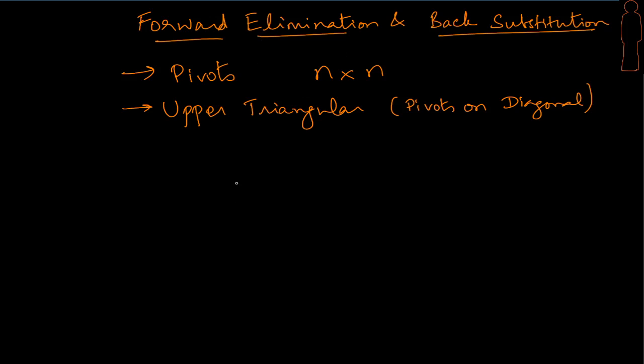Before I step into that, I thought there could have been a question from the last session about the order of the computations, the floating point operations, used in elimination. So let me quickly give you a rough idea of how I am calculating that.